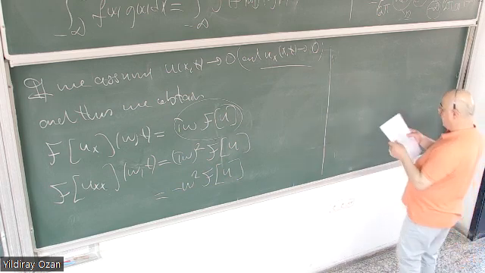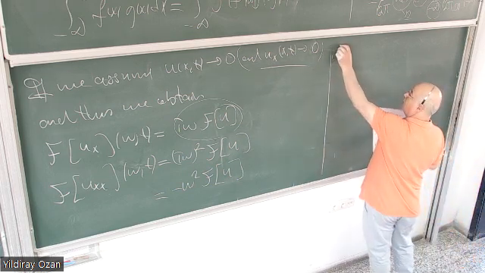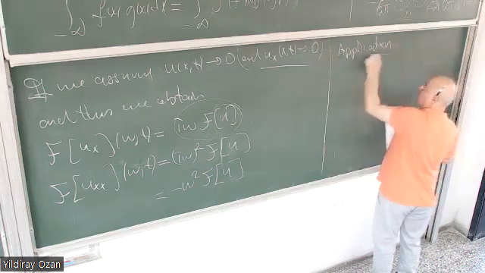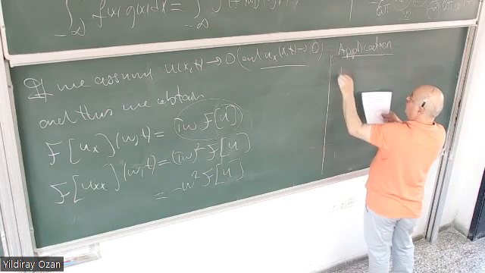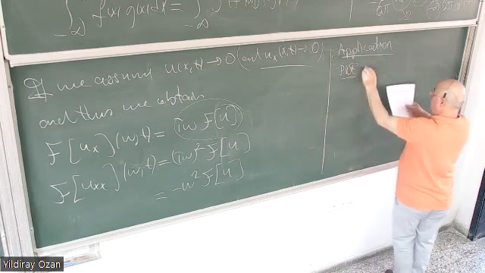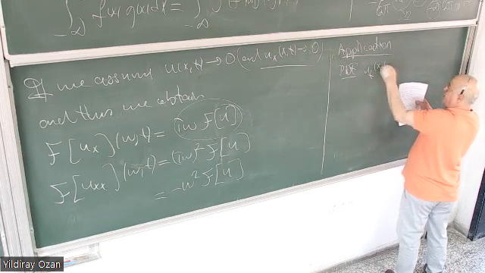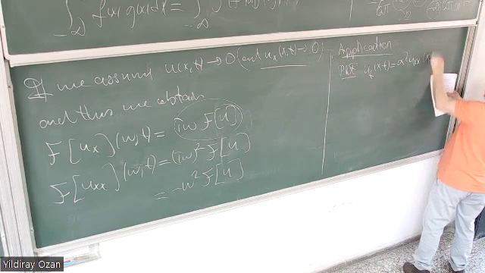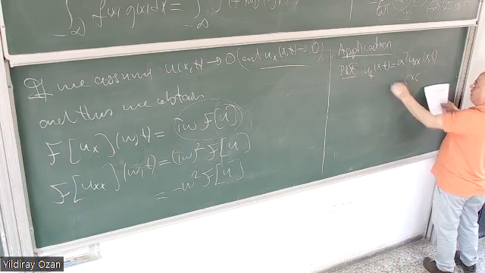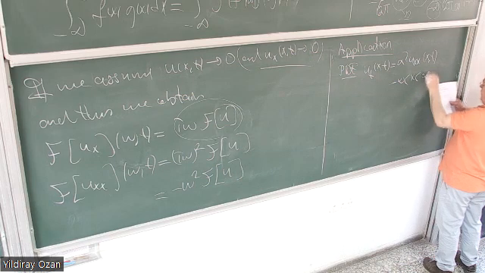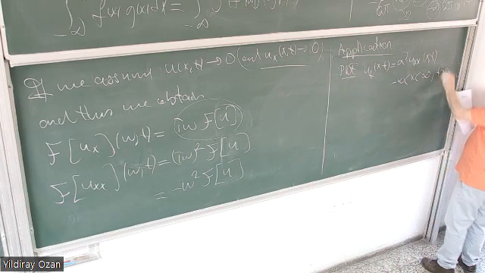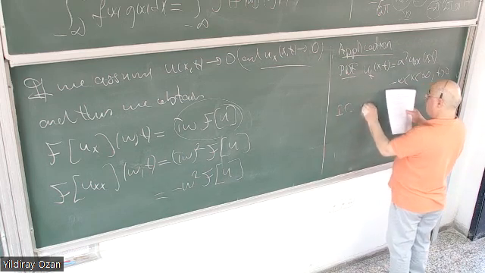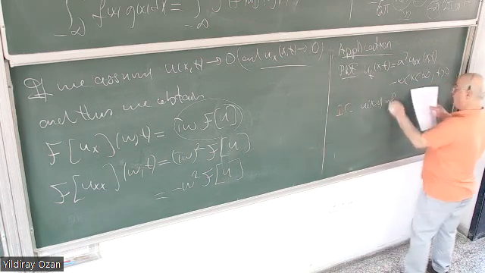Yani elimizde şöyle bir heat equation varsa, application diyeyim. PDE: u_t(x,t) = alpha squared u_xx(x,t), x is between minus infinity and plus infinity and t positive, and initial condition u(x,0) equals f(x).